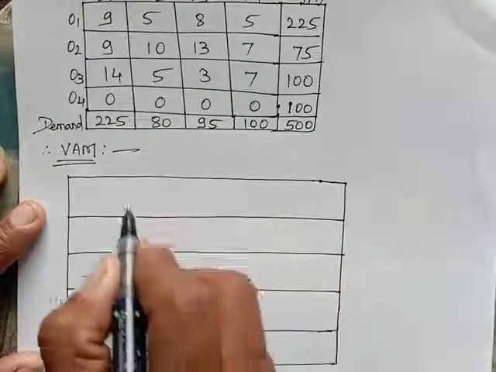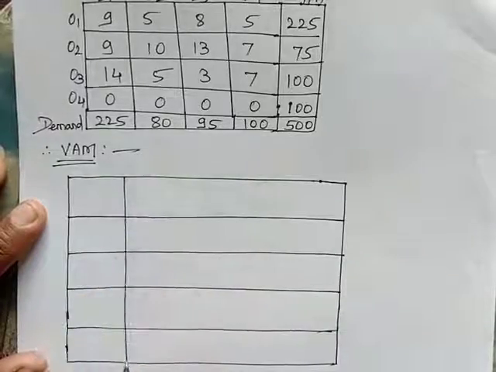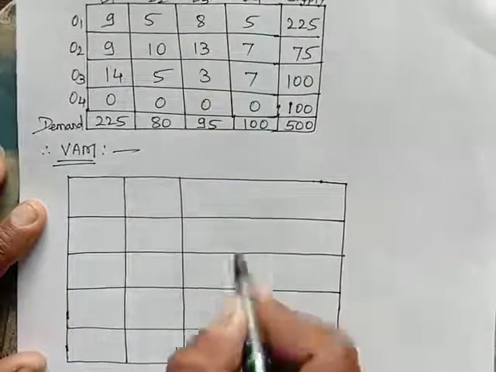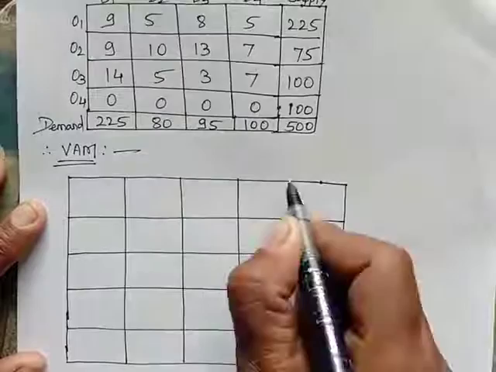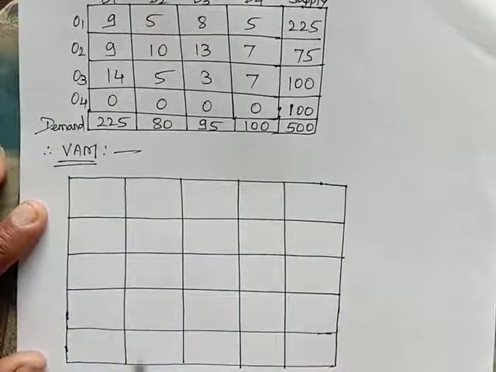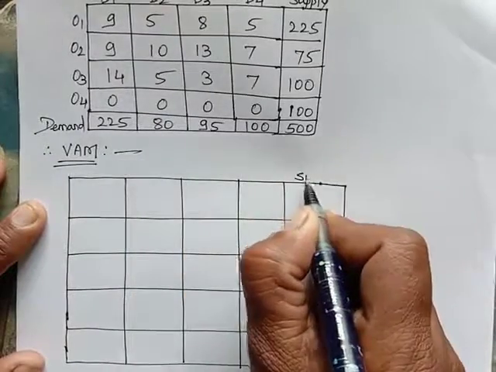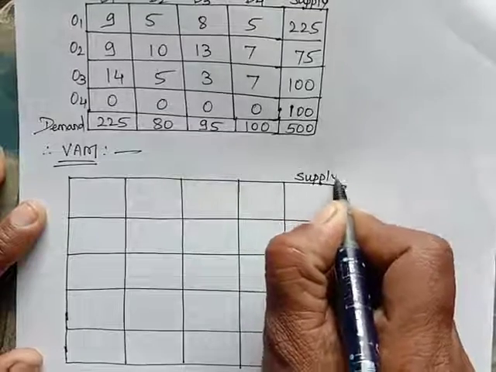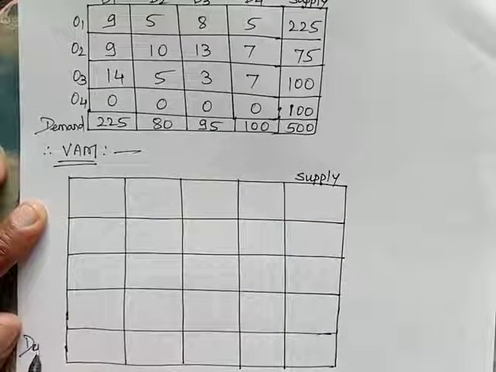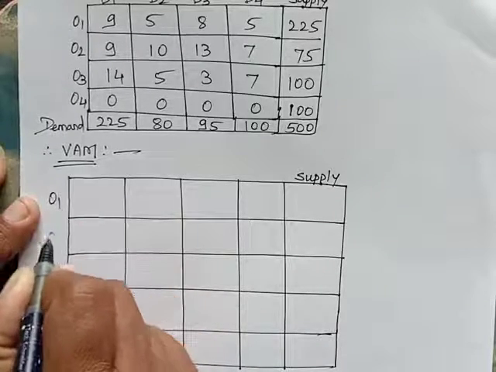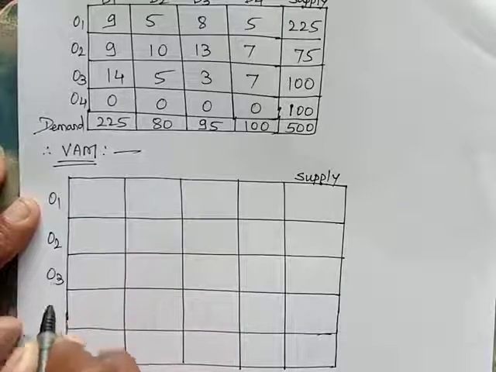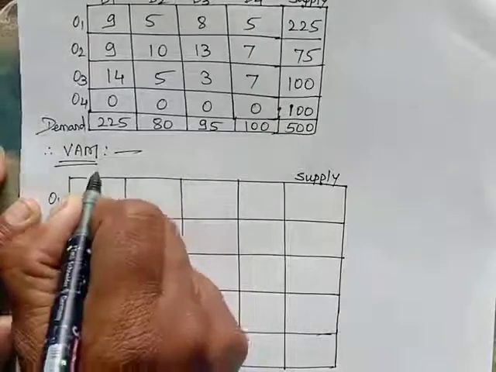Now here destination 1, 2, 3 and the last one will be supply. So here supply, here demand, here origins, here destinations.